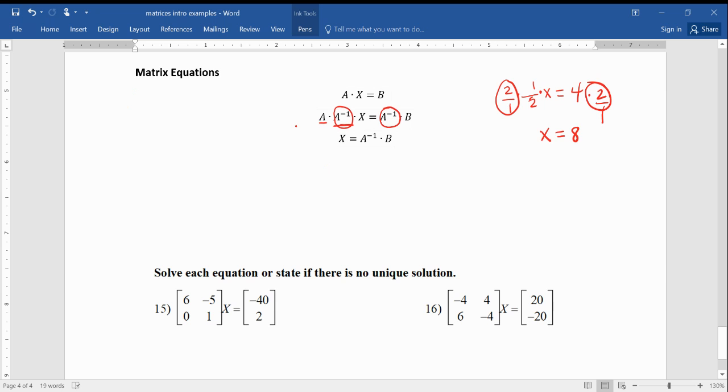It does the opposite thing, just like 1/2 multiplied by 2 over 1. It gets us out of the problem of having a coefficient on x that's not 1, because they cancel each other out. It leaves us with a 1 coefficient on x, and then we're free to say we know what the answer to that equation is. So that's what A times A inverse does for you with matrices.